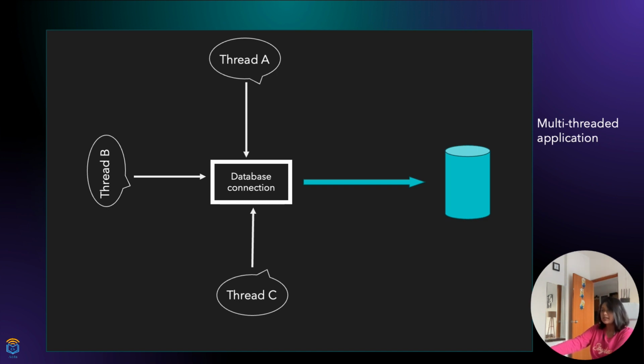So as per this design, thread B and thread A both will try to create a new database connection and then fetch the data from the database. In that case, our purpose of creating a singleton object will fail, because both B and A are creating a connection of their own. So this is not the right design again.